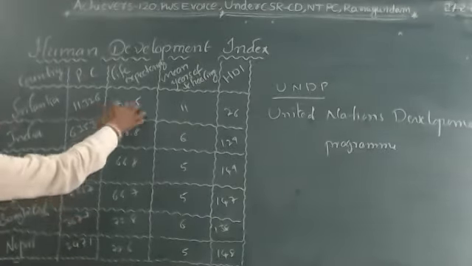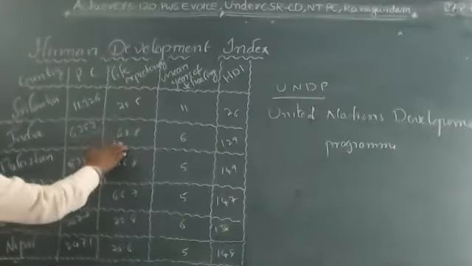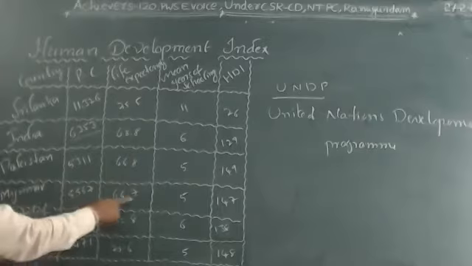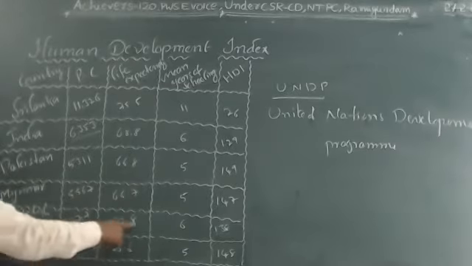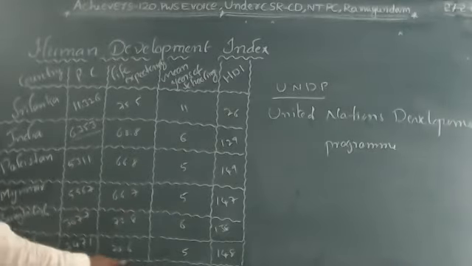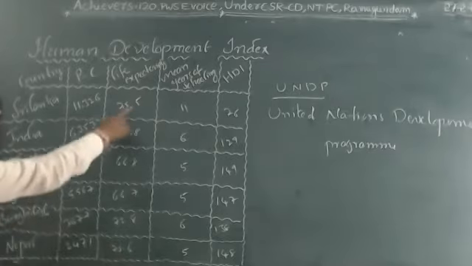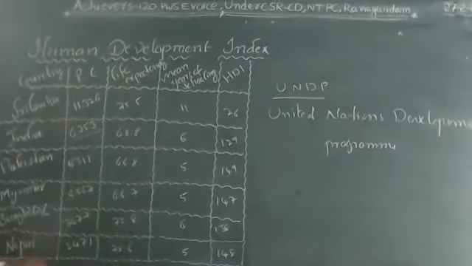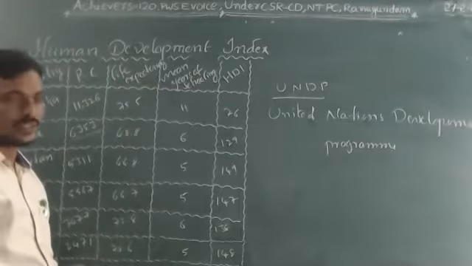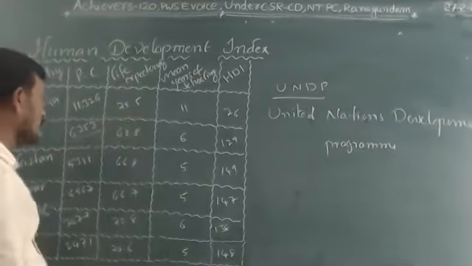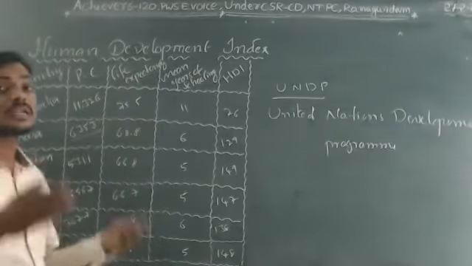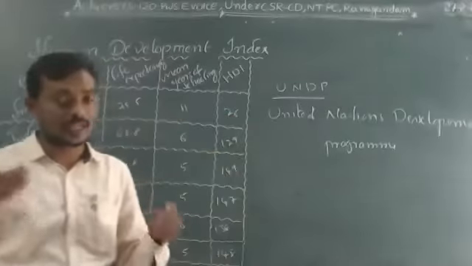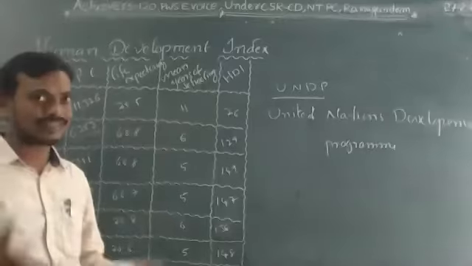Yes, Sri Lanka 75.85, India 68.8 years, Pakistan 66.8, Myanmar 66.7, Bangladesh 72.8, Nepal 70.6. Again Sri Lanka, as in per capita income, is in the higher stage in life expectancy. Clear? 75.5 years. So when compared to India, the Sri Lankan people's life expectancy is the highest, or better itself.